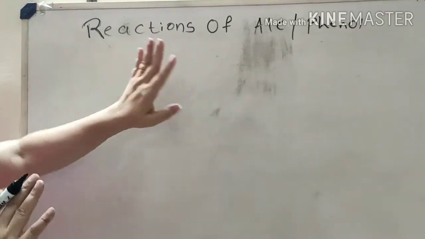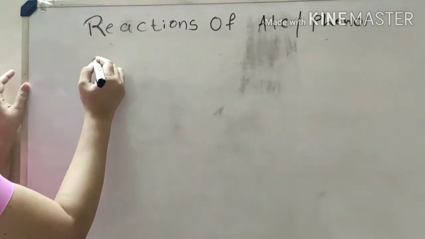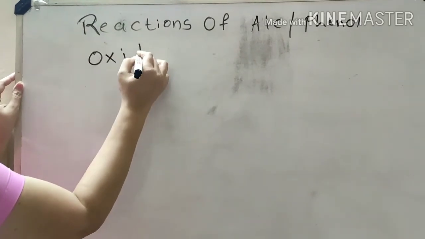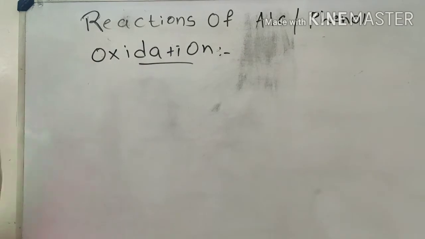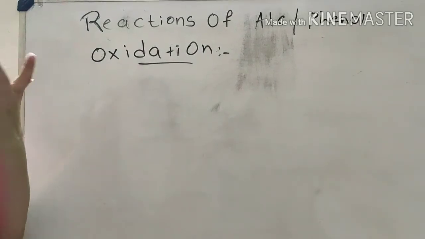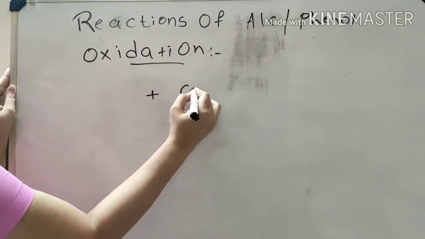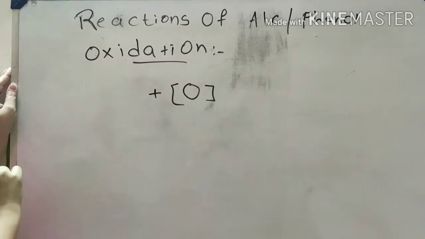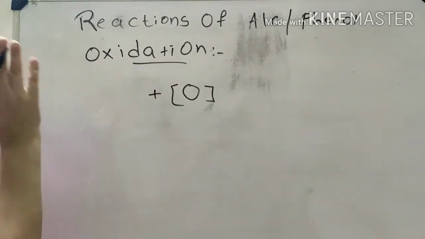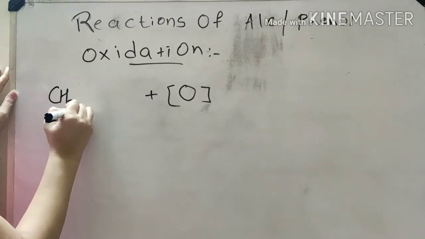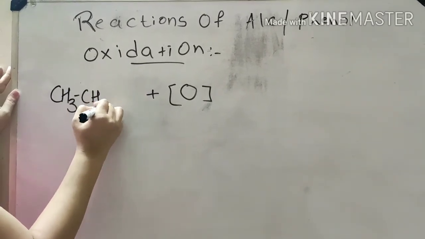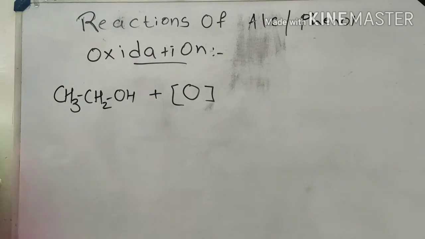Now the next reaction of the alcohol, which is very important, is oxidation. Oxidation means there is the addition of oxygen. Suppose there is a primary alcohol, for example CH3CH2OH.